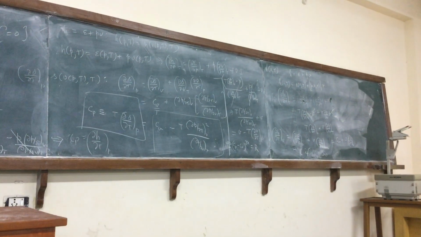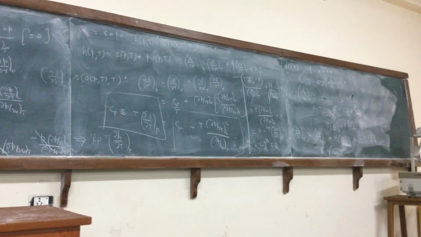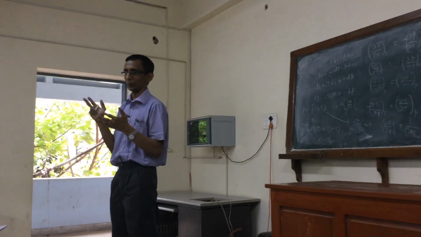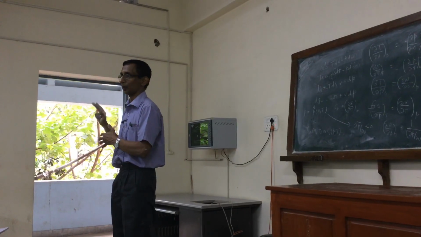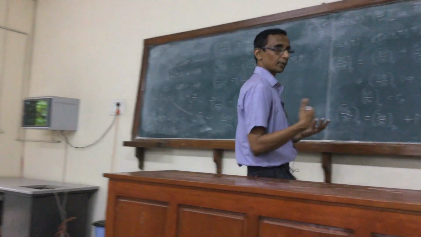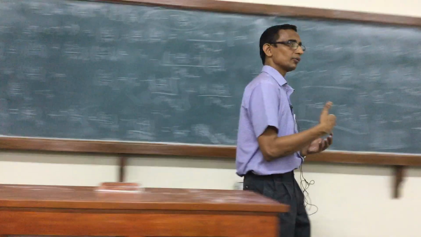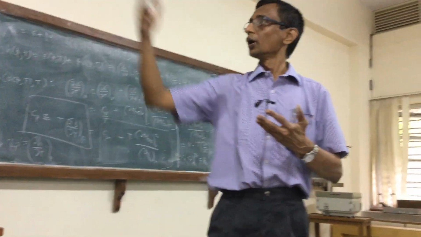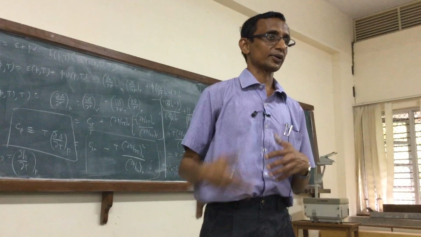So we are now listing some of the well-known properties of the ideal gas. For the ideal gas, the immediate thing that comes to mind is the equation of state, P equal to RT by V. But you should also be aware of other important properties that follow, which we can regard as consequences of the first law of thermodynamics, integrated into all these fundamental equations, the first and second laws.